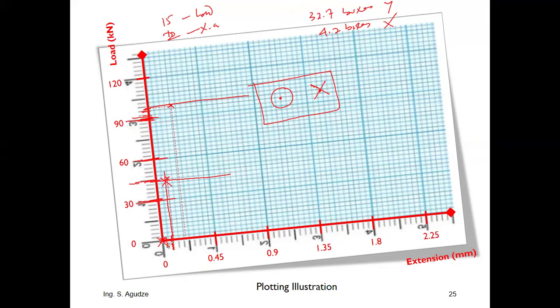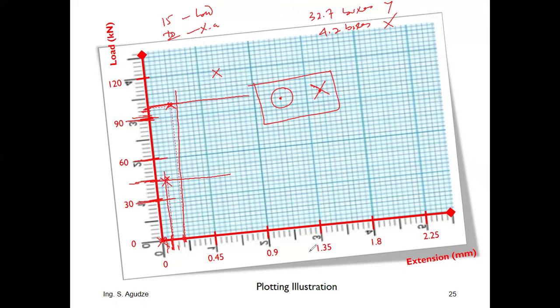We know this is 1 box, 2 boxes, 3 boxes, 4 boxes here. 0.2 somewhere, not up to 5. So this one, okay, well, my line is not straight. And this, where they meet, then you just mark that point. So you are going to do this again and again until you finish plotting all the points.